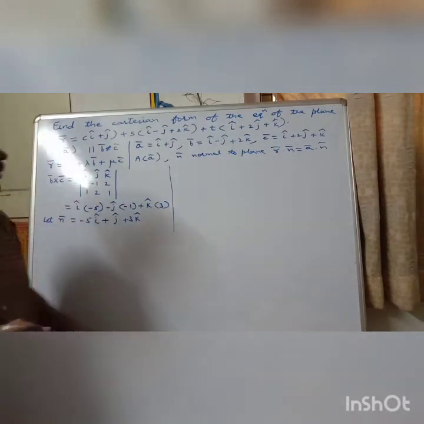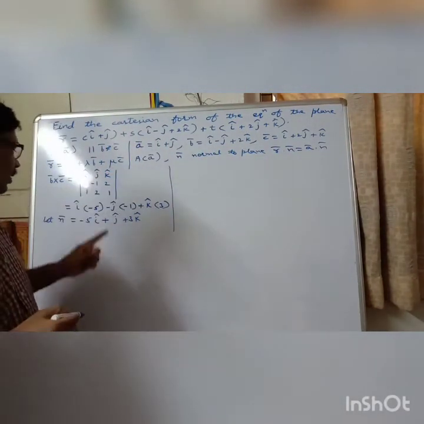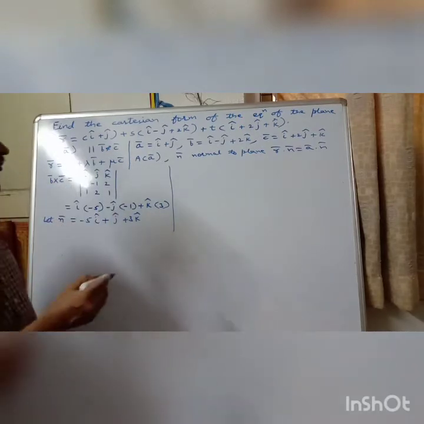Now we know position vector of one point in the plane, vector normal to the plane, put those values here.